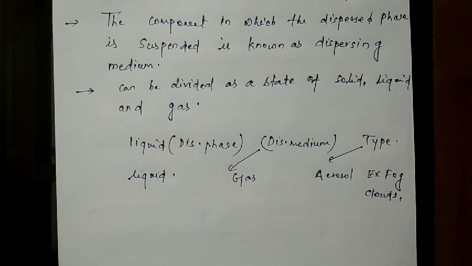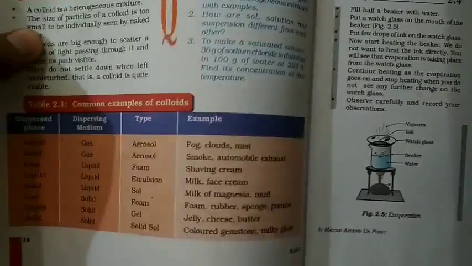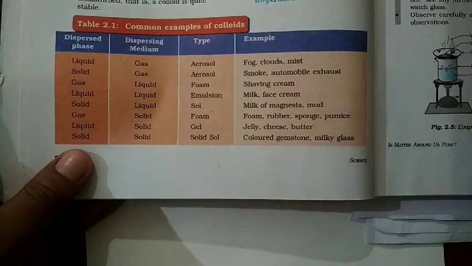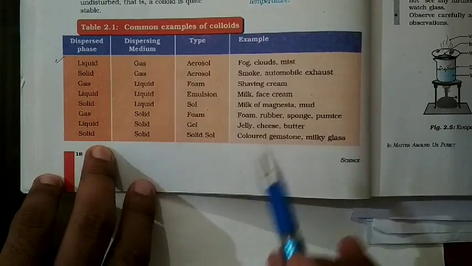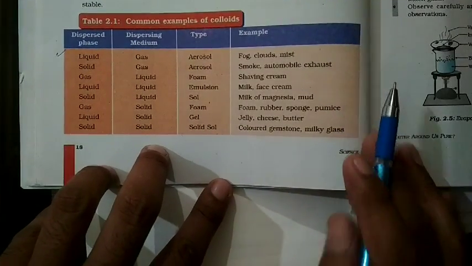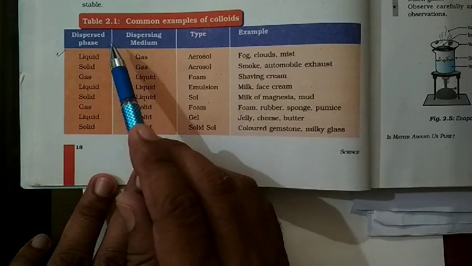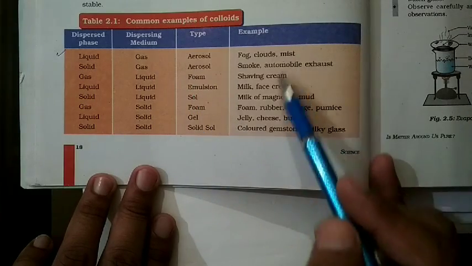In a similar way, you can have examples of the types of colloidal solutions in the given pictures. You can see here some examples which can be understood. It has the dispersed phase, dispersing medium, type of solution and its example.